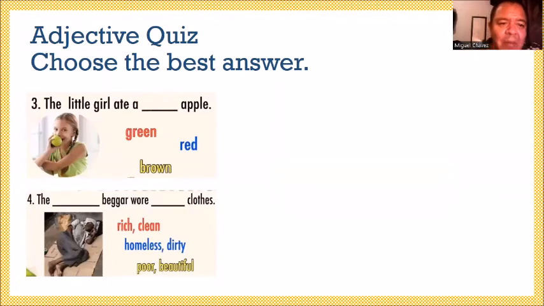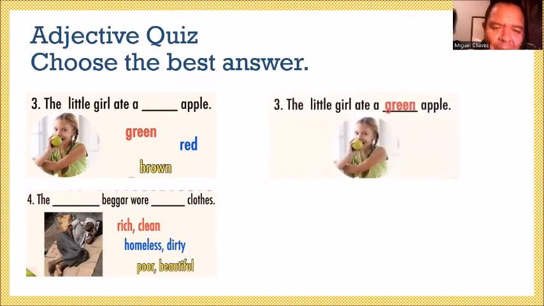Thank you. Number 3, please, another volunteer. Take into account the picture, please. Look at the picture to choose the best alternative. A volunteer for number 3, please. Yes, the little girl had a green apple. Exactly. A green apple.